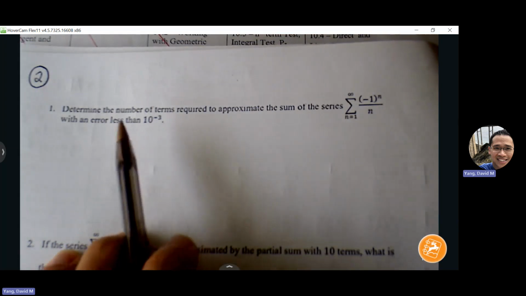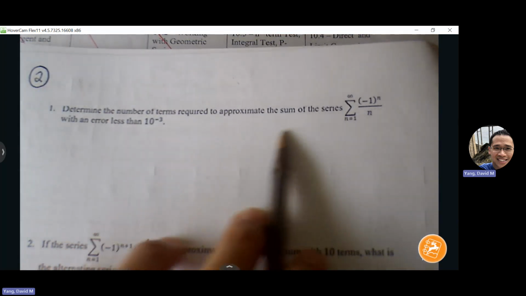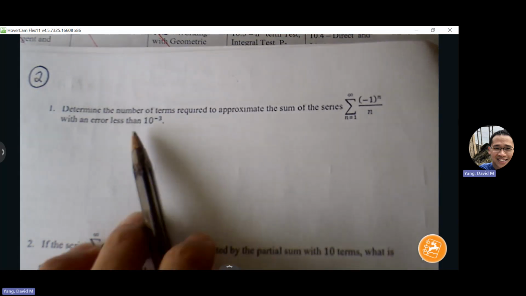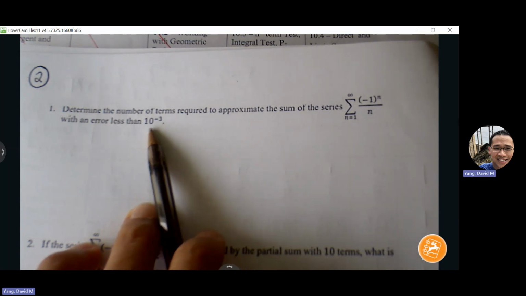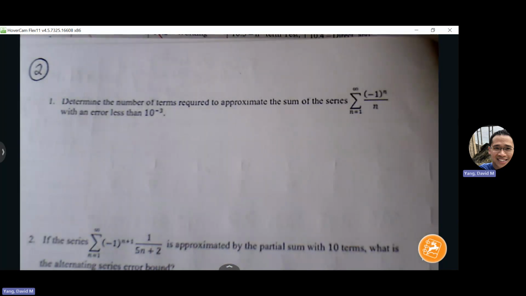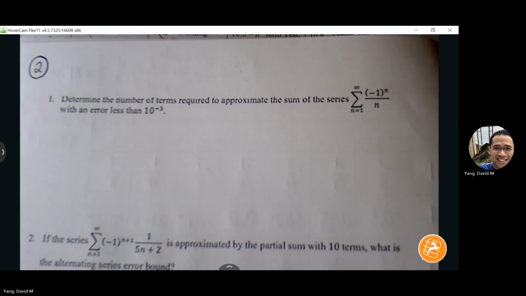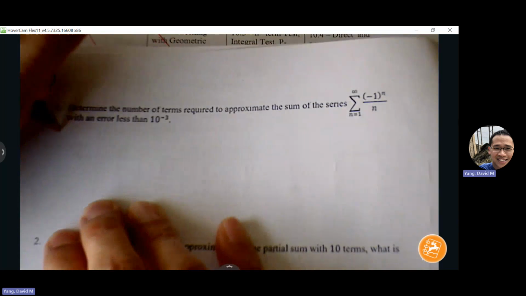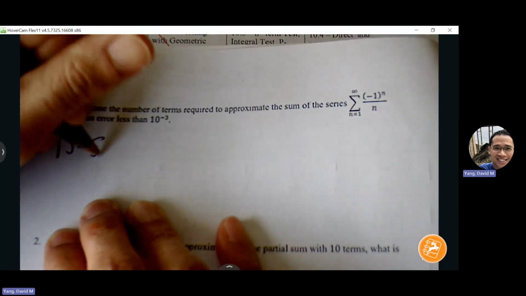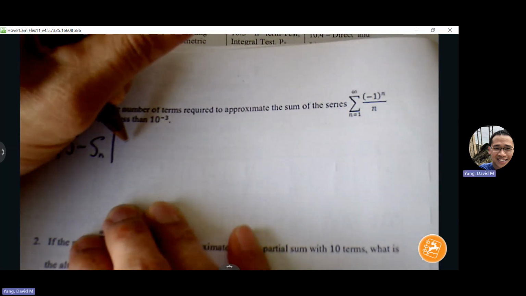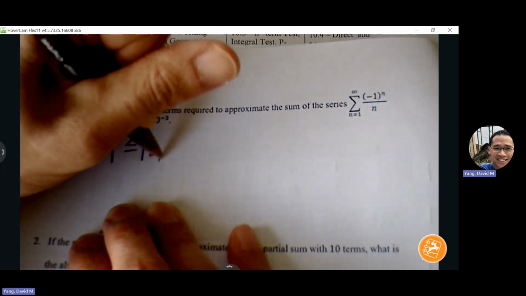So problem 2 here is to determine the number of terms required to approximate the sum of the series with error less than 10 to the negative 3, which is 1/1000. We know that the absolute value of S minus S sub n is less than or equal to A sub n plus 1.